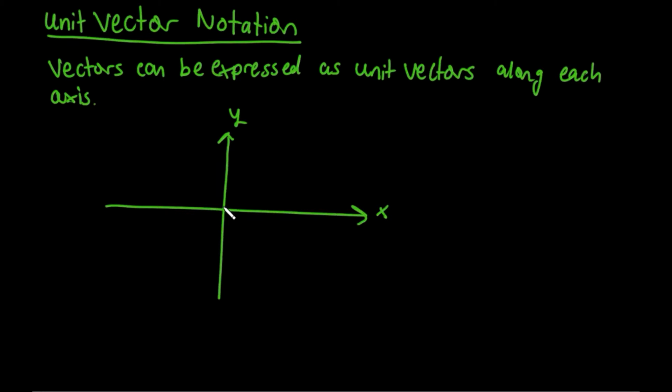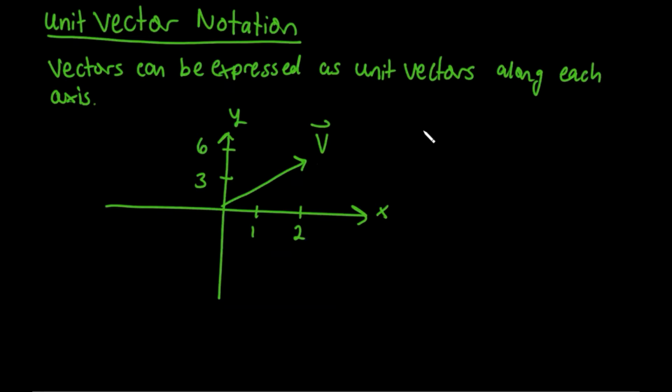So let's say that we have this vector right here, and we call it vector v. And let's say that the scaling on the x-axis is going up by 1, and the scaling on the y-axis is going up by 3. We can express this in vector notation just by the information that we've been given here.